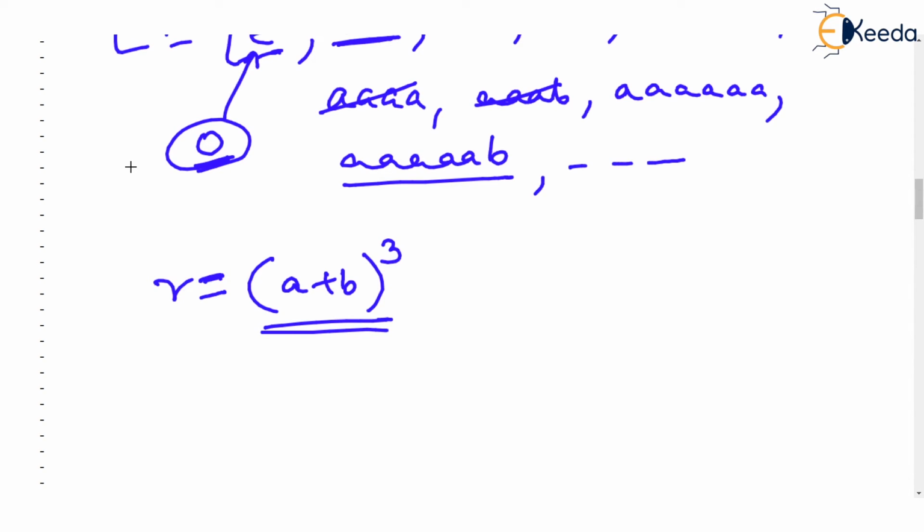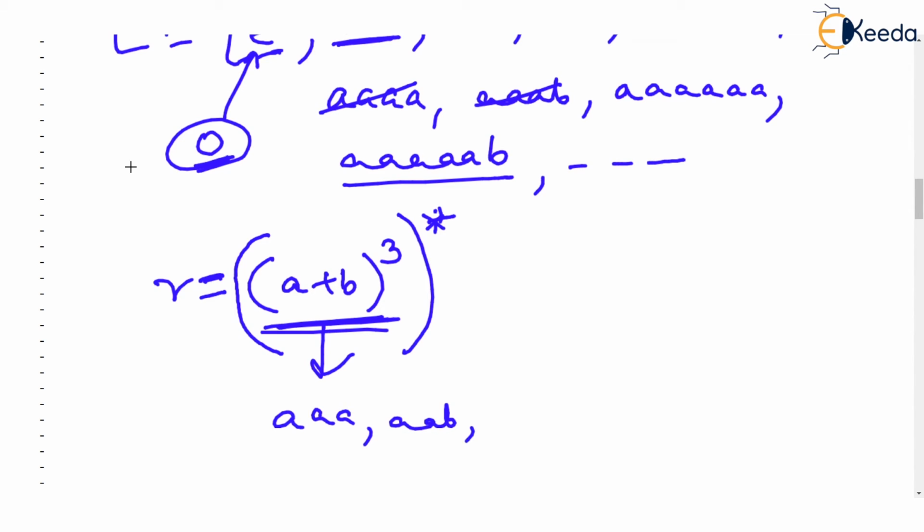What will be the regular expression for the strings which are having length multiples of 3? Yes, this: (A plus B) raised to 3, closure. This can be repeated any number of times, isn't it? So first time using (A plus B) cube, you can take strings of exactly length 3. Agreed? So all these strings will be there in our language.